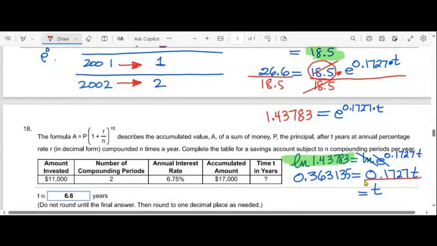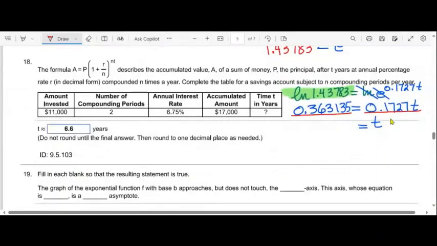Now I need to get rid of this number. What should I do? We need to divide both sides by the same number, 0.1727. Exactly.